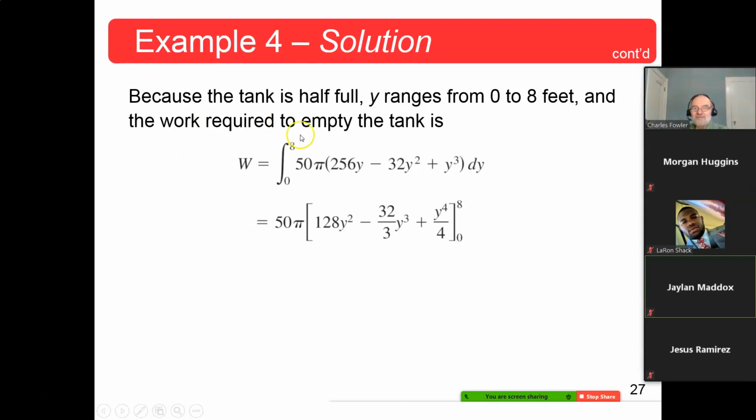That's the easy part, isn't it? 256 y squared over 2, well, 256 divided by 2 is 128 y squared, minus 32 over 3 y cubed, plus y fourth over 4, evaluated from 8 to 0, and there you have it. I did it on a calculator rather than carrying all that around, but it is doable that way.